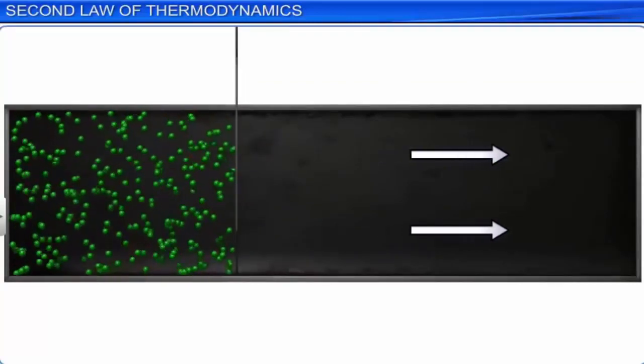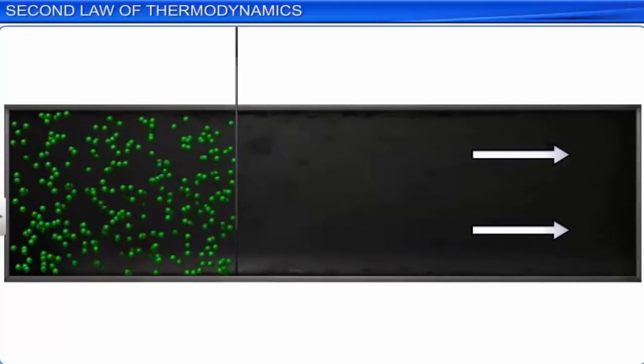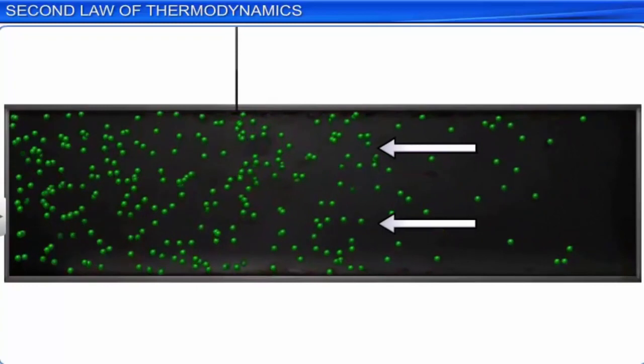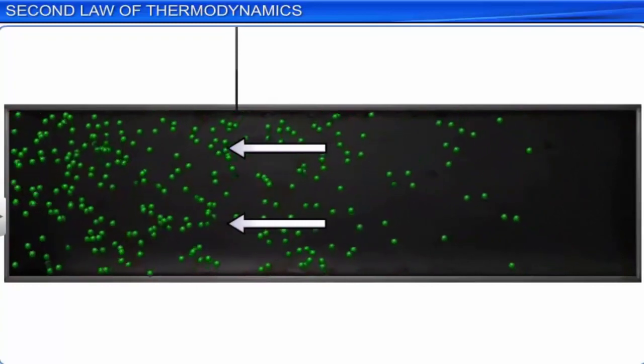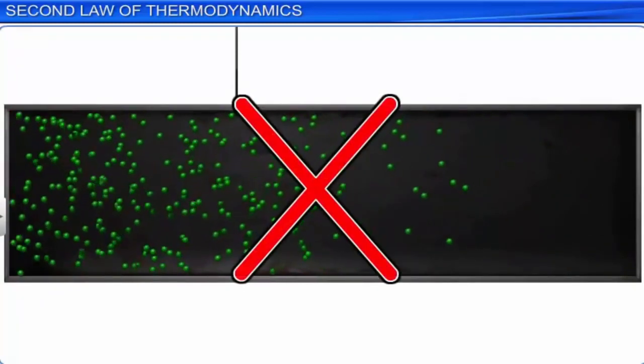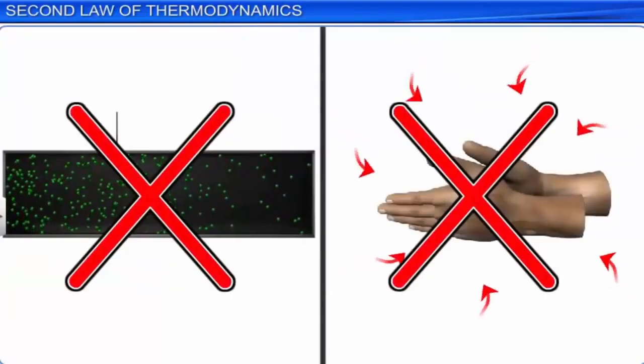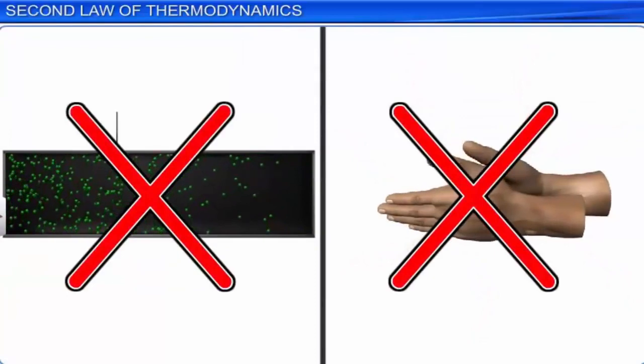Can the diffused gas molecules on their own move back and occupy the first chamber only? That will probably never happen. Some of these processes do not take place because nature does not permit them to.